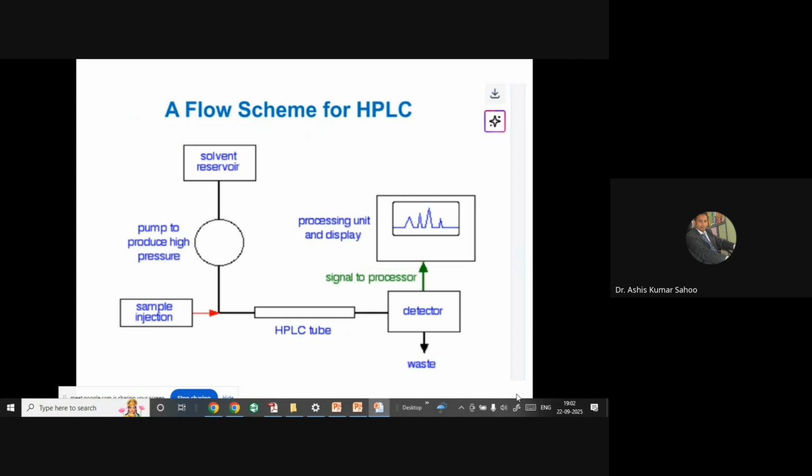This is the flow scheme of HPLC instrumentation. You can see the flow chart here.